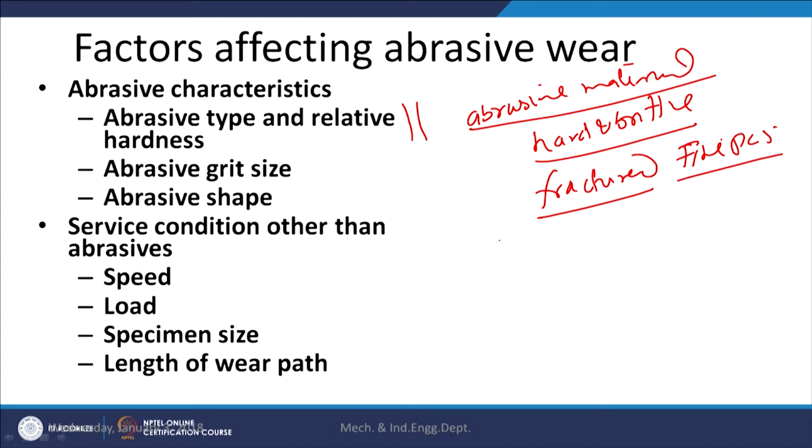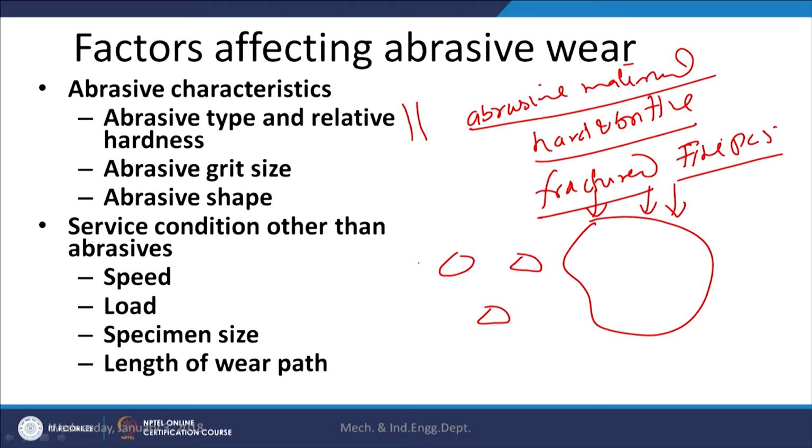So, even if the particle size is big, under service conditions, if the hard brittle particle comes under the influence of external load, it will tend to fracture. Such fragmentation leads to a reduction in the size of the abrasives. So, if the load is limited, the abrasive will be able to withstand it, and if the load is high, then hard and brittle abrasives will get fractured.